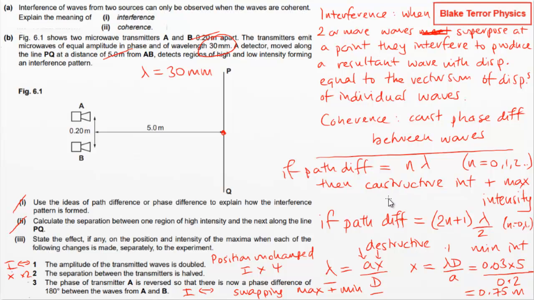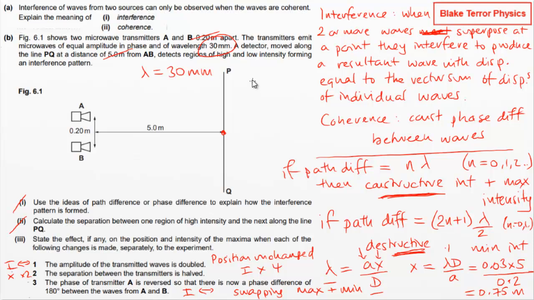Previously we got constructive interference whenever we had a path difference of a whole number of wavelengths, but that's just going to keep them out of phase. So all of these ones are now going to be our destructive interferences. We're just swapping the labels, constructive and destructive, so all our maxima and minima are going to swap position. But the intensity doesn't change because we haven't changed anything to the amplitude of the transmitted waves. So we've done that sort of thing.